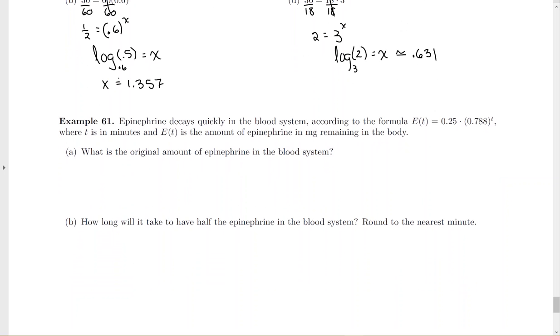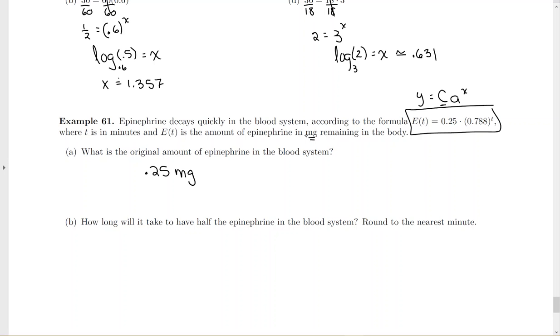In the word problem, they give you the equation in y equals c a to the x form. Remember, the number in front is your initial amount. So when they're asking what is the original or initial amount of epinephrine in the blood system, it's 0.25 and then milligrams.